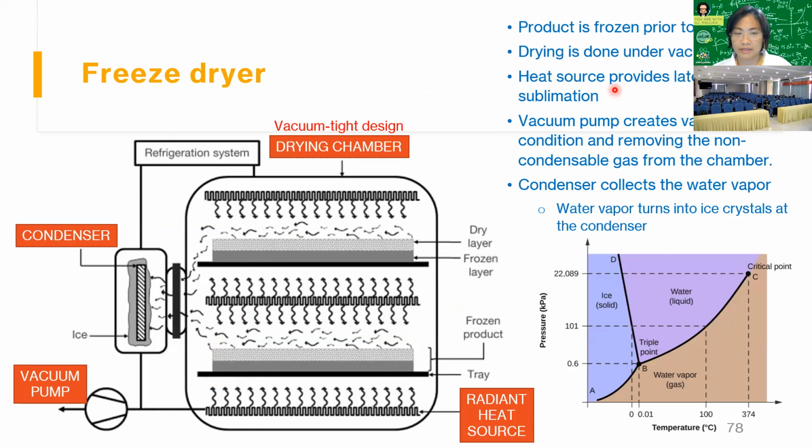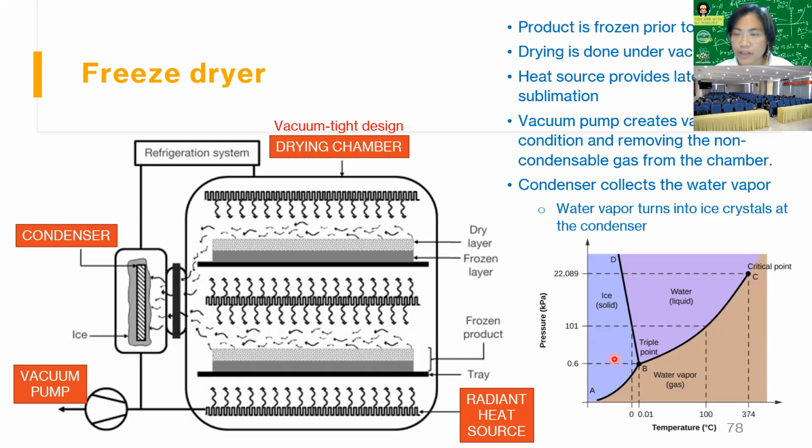In a freeze dryer, the product is frozen before the drying. Then the drying is done under vacuum conditions. In freeze drying, what you really want to do is make the water in your final product ice.